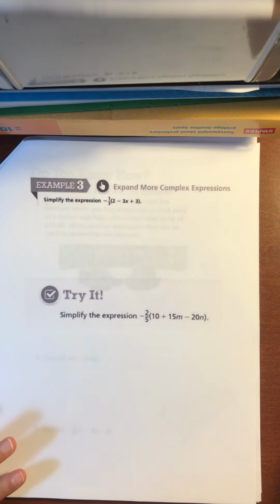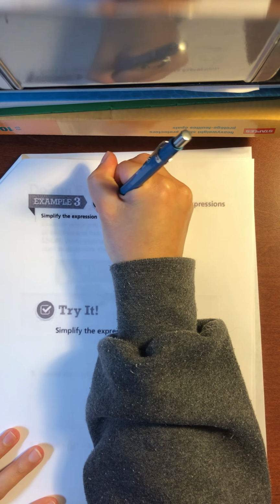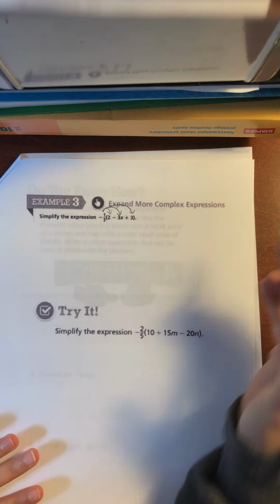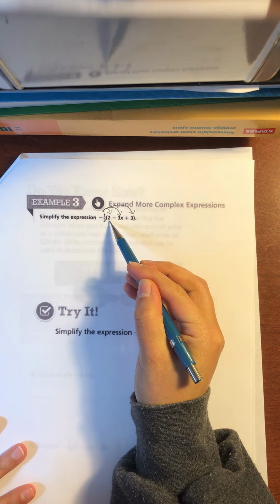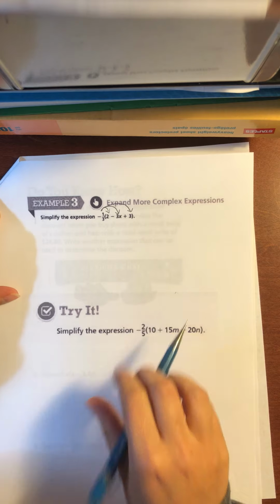Expand more complex expressions. So we have a fraction here, but it doesn't really mean it's any harder. So we need to distribute the negative 1/3 to 2, to negative 3x, and to 3. Negative 1/3 times 2 is negative 2/3.